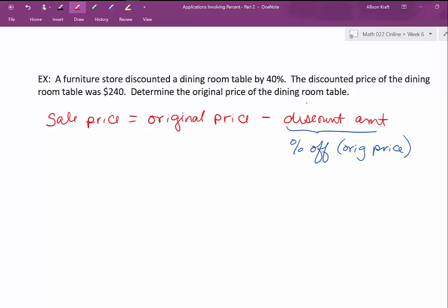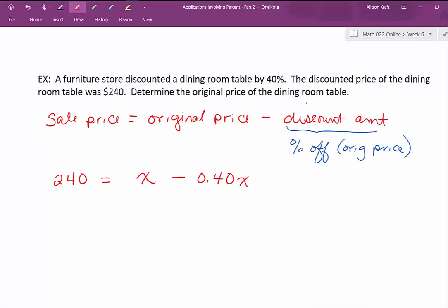The sale price is $240. The original price is unknown, we'll call it X. The discount amount is the percent off, which was 40%, times the original price, which was our unknown. We have this equation to solve.